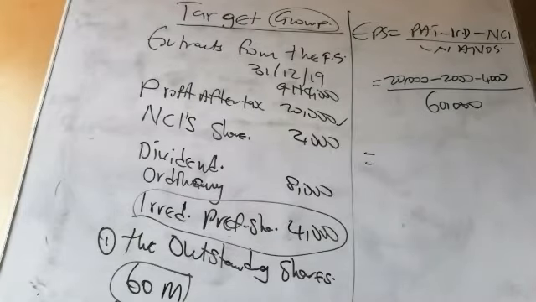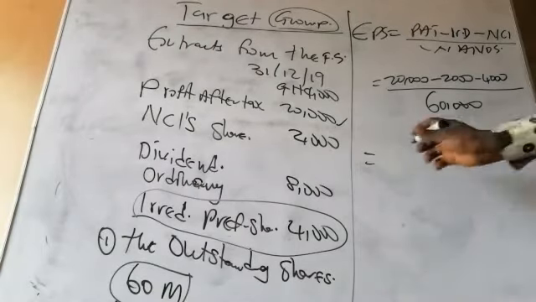In short, we'll have 14 divided by 60. That's 23.33 pesos.